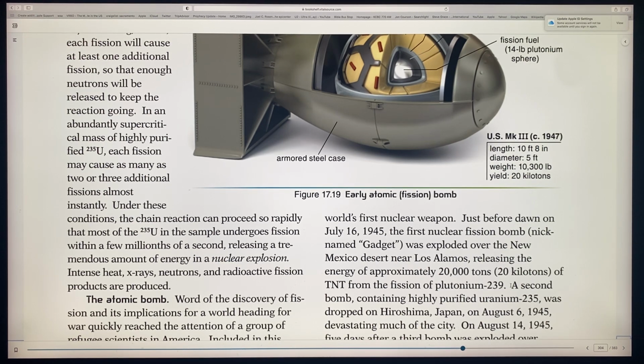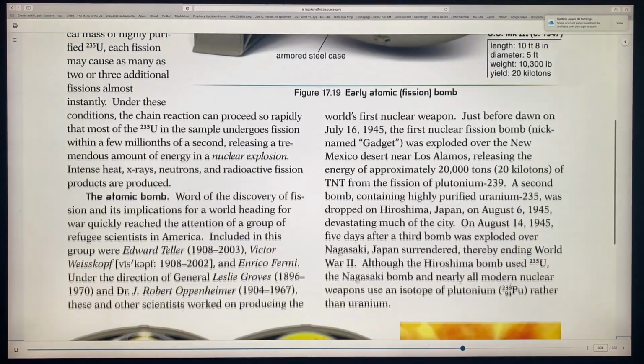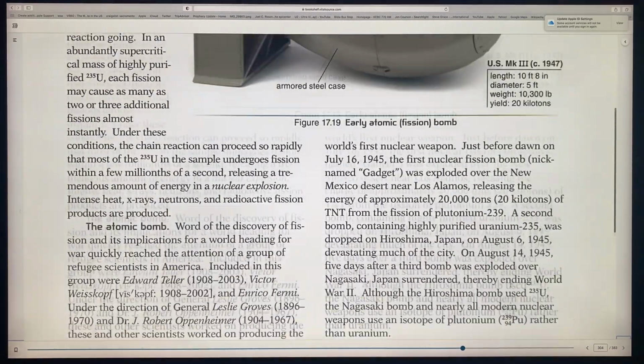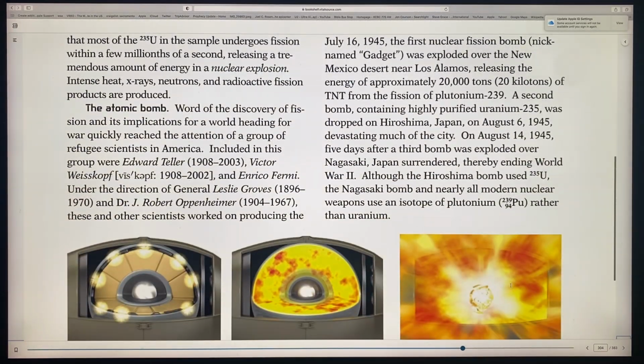And this produces intense heat, X-rays, neutrons, radioactive fission products, gamma rays, all these things are produced in the midst. And so then we talk about the atomic bomb. Let's talk about the atomic bomb.